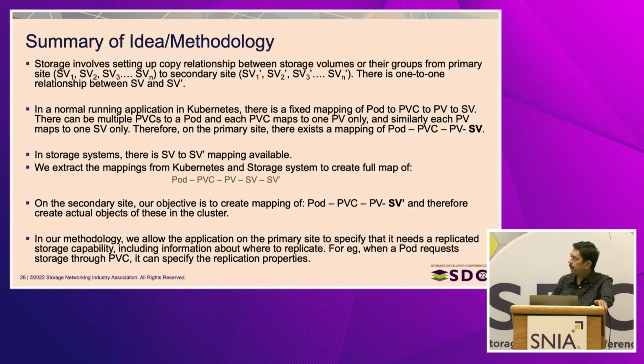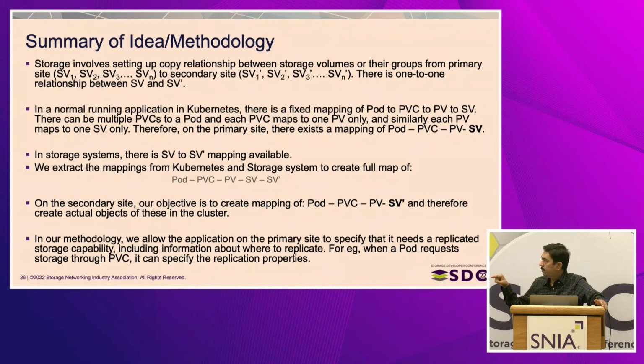This copy relationship is maintained within the storage system, right? So we are going to use this mapping, which is available on the source side itself. And then on the source side, we also have another mapping, which is between pod, PVC, and PV.